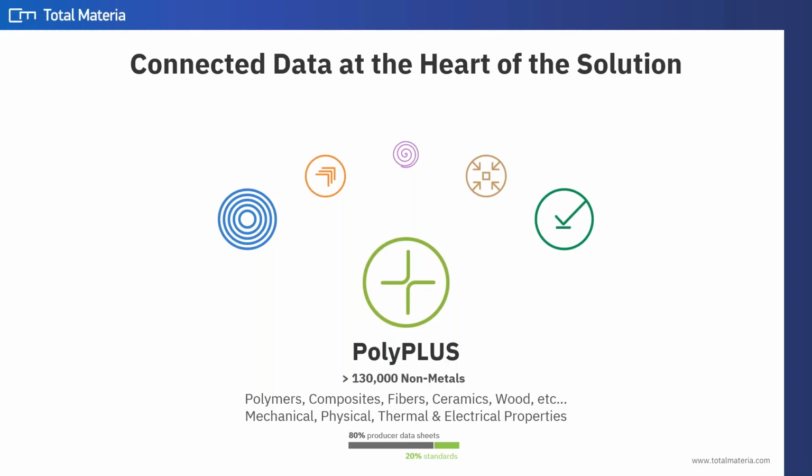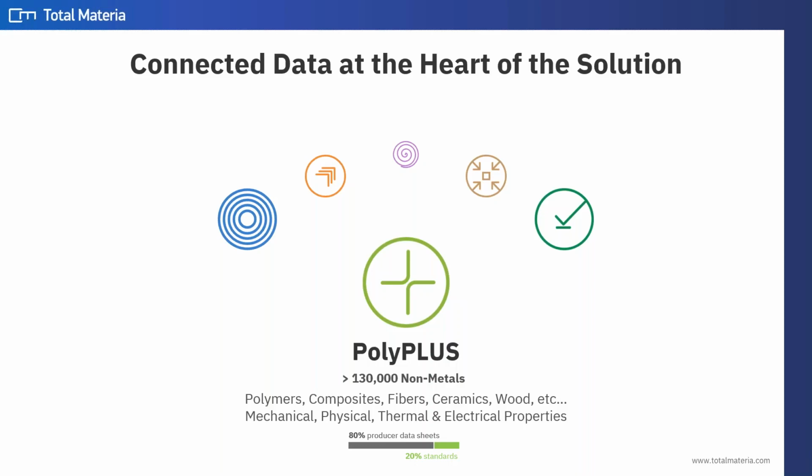And you could also find their mechanical, physical properties, thermal, electrical properties, and other properties as well. As you know, most non-metallic materials are not standardized, so 80% of our information comes from producer data sheets and about 20% from standards. So everything that we could get, we try to add it into Total Materia.